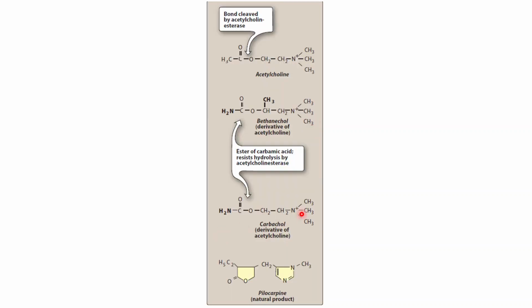So the next is carbachol, or carbamylcholine. It has both muscarinic and nicotinic actions, and carbachol is the ester of the carbamic acid, so this is carbamic acid and this is the ethyl ester.